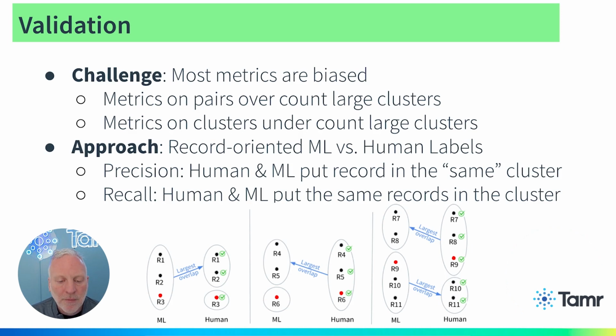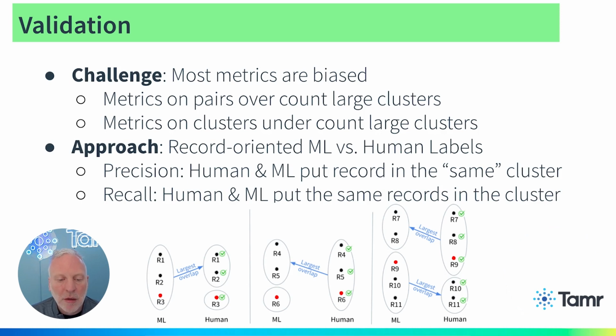We're using set overlap to determine the mapping, the alignment between clusters. So this is a Jaccard similarity. And we find that the most similar cluster to the machine learning cluster that contains R3 is the human cluster that contains R1 and 2. This does not contain R3, so this is a precision error.